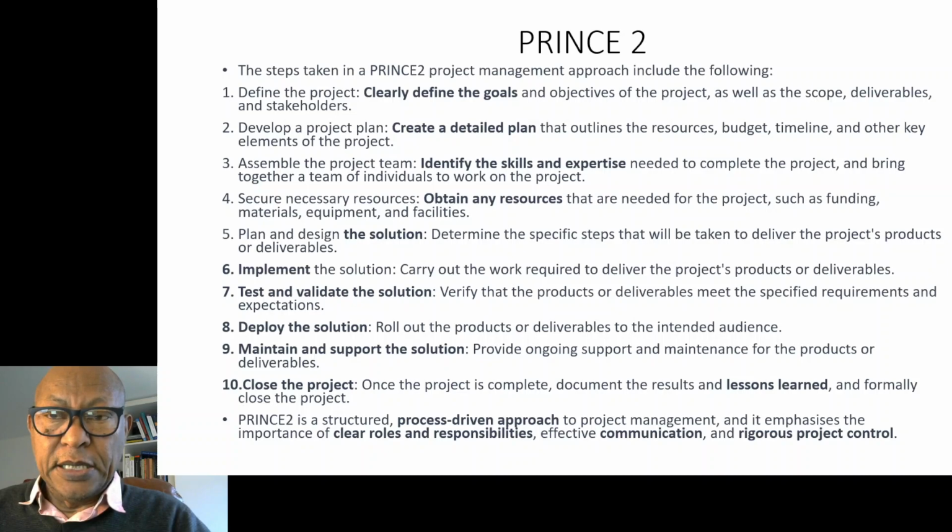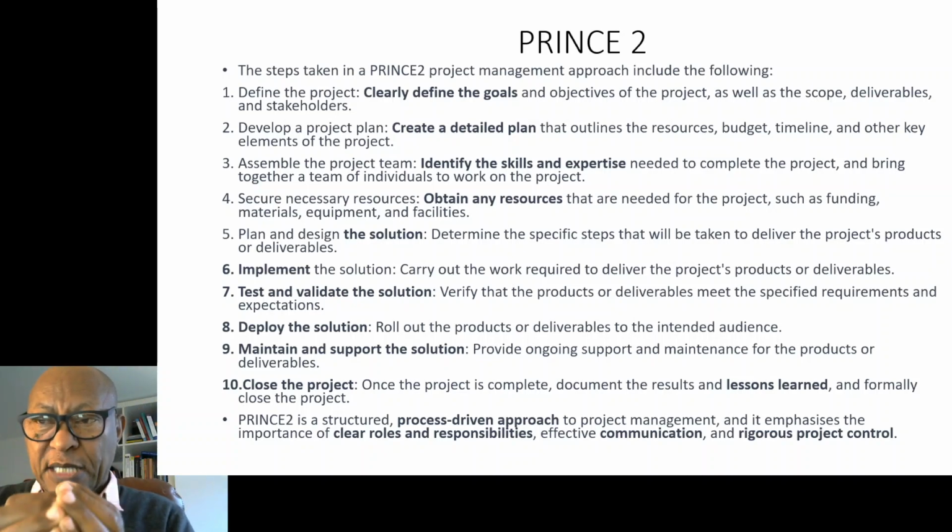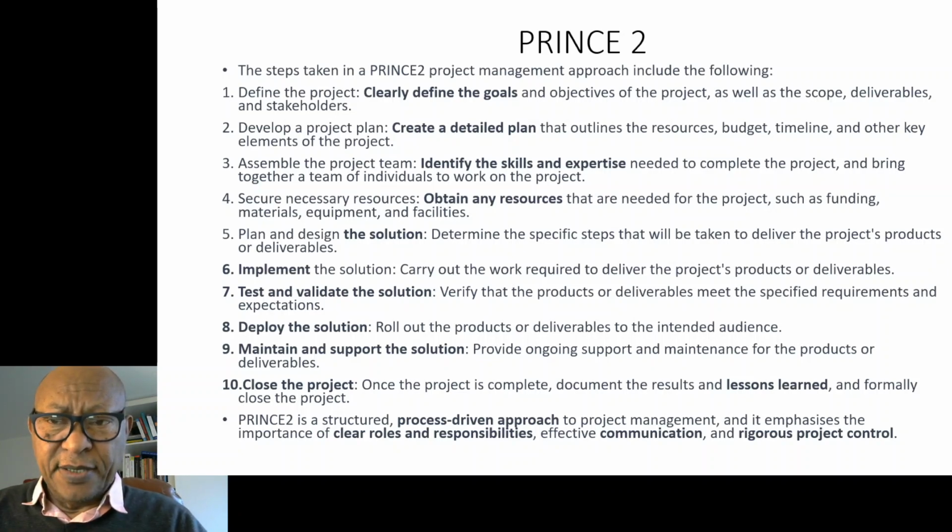The scope tells us to what degree this product or service encompasses. What it includes and what it doesn't include will be defined there. That clear definition shows us the deliverables and who the stakeholders are who will use that system or product. Based on that, it creates a detailed plan.